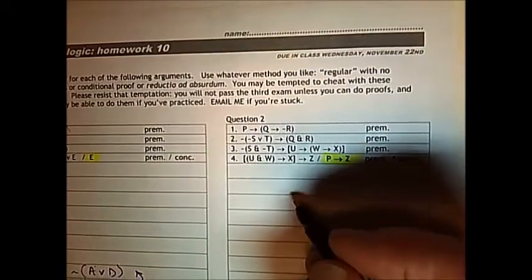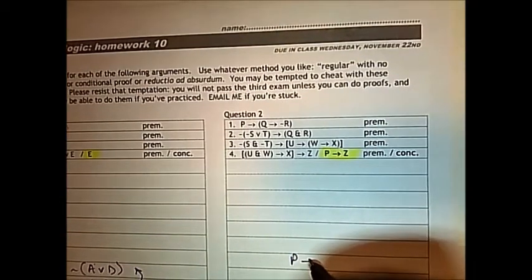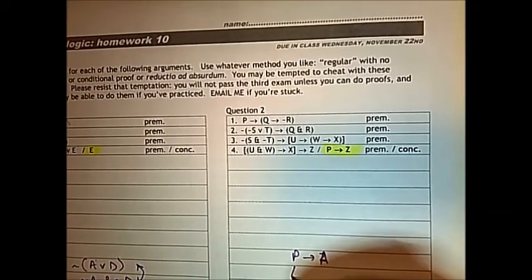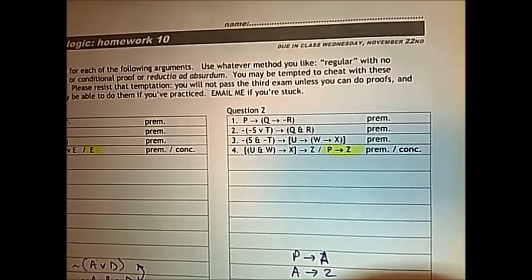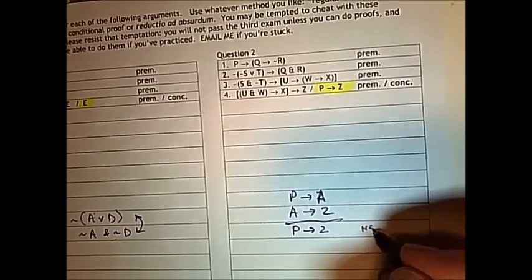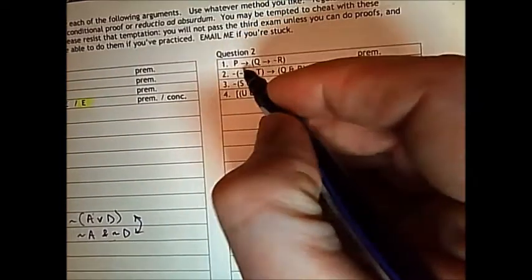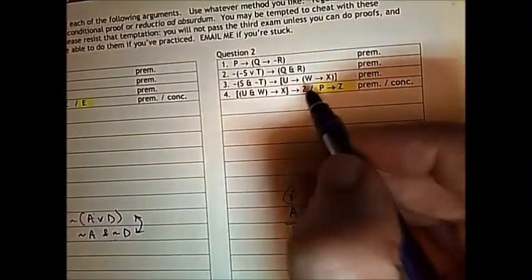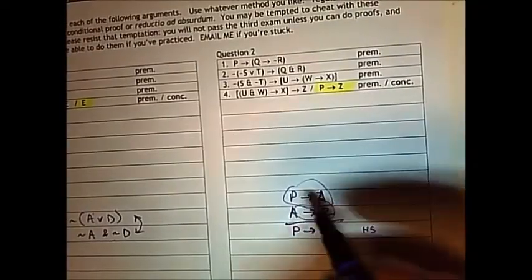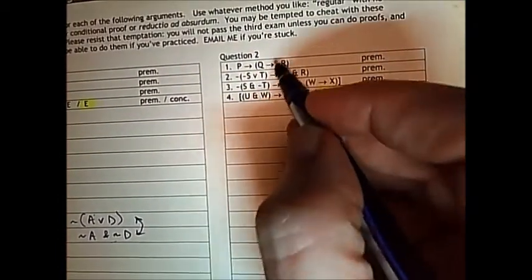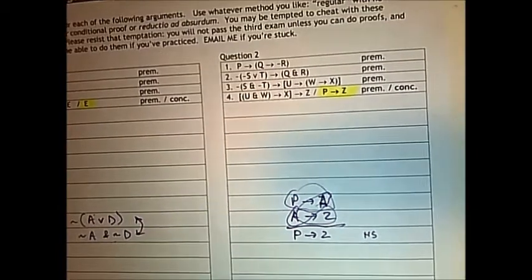And we know hypothetical syllogisms look like basically, if P then A, if A then Z, and then you do hypothetical syllogism, you would get if P then Z, like that. Well, here you have the thing where P is the antecedent, like this, and here you have the thing where Z is the consequent, like this. You just have to make these match up, and that's going to require involving all of the lines.